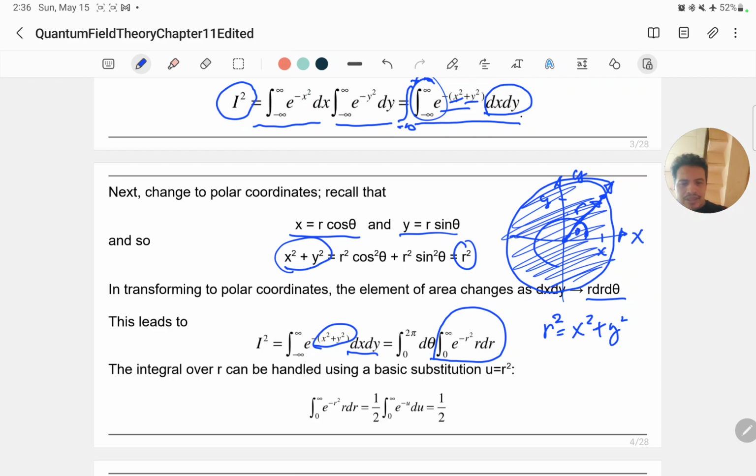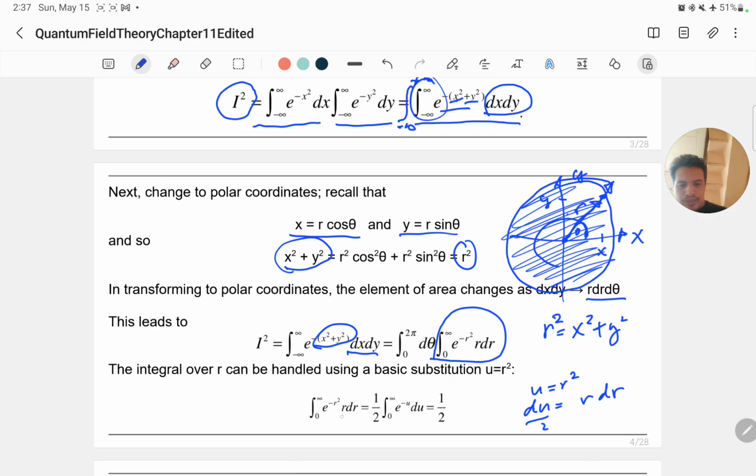So in this case, you can change variable for your r square. You can write u as your r square, and then your du will be 2r dr. So this will now be over 2 here.